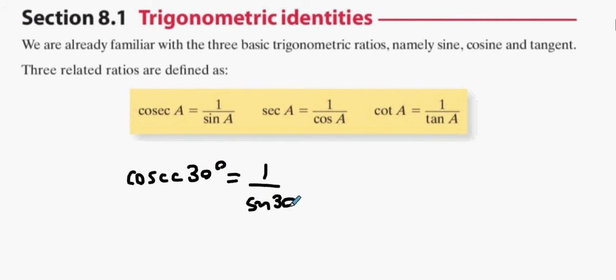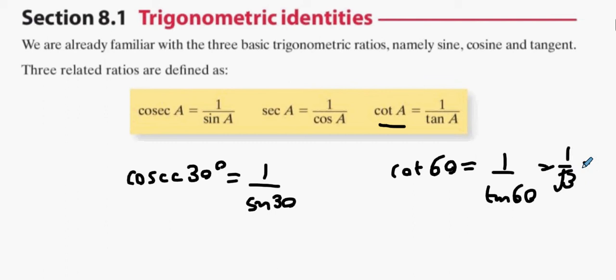Same way if I said cotan 60 degrees, that'd be 1 over tan 60, which would be 1 over root 3, or your calculator would put it out as root 3 over 3. There you go. So that's all that first part means. Well, it doesn't mean anything else really.